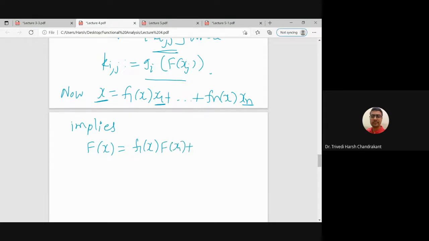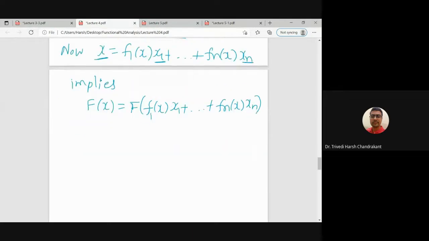If you are confused, I can write it one more step. That is basically f of f1(x) x1 plus ... plus fn(x) xn, and these are scalars, so they come outside the linear map.